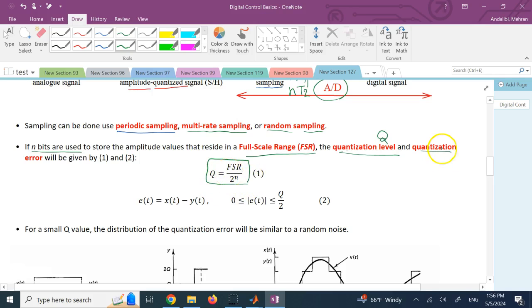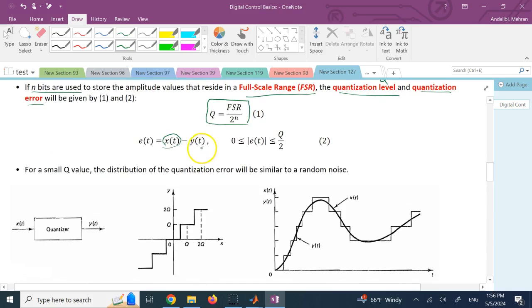And the quantization error, which is the difference between the original continuous or analog signal and its discrete version y, which comes out of the quantizer, can be only between 0 and Q over 2. How come? Well, let me show you very fast.